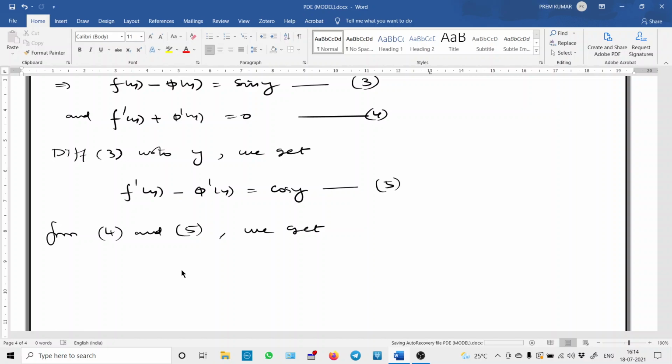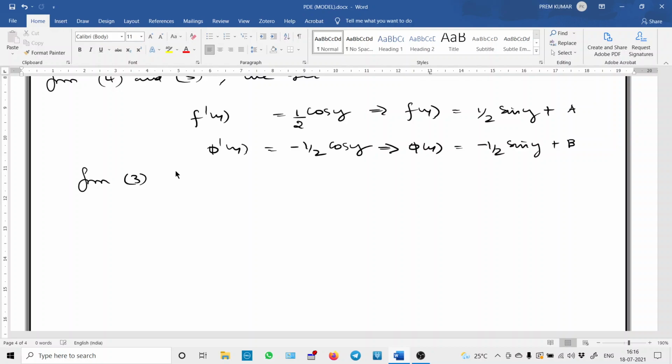So now you go to equation 3. What does equation 3 tell? f of y minus pi of y. That is f of y, what we found, minus pi of y equals what?